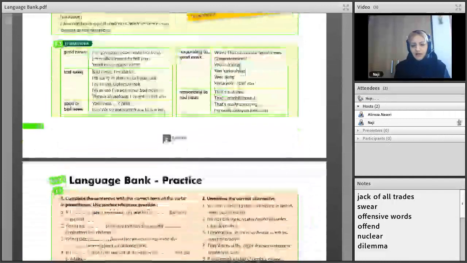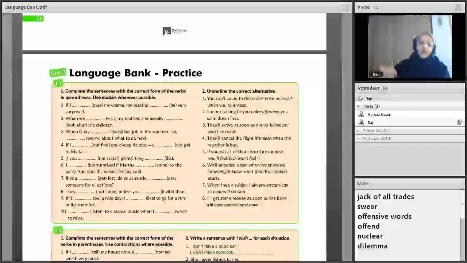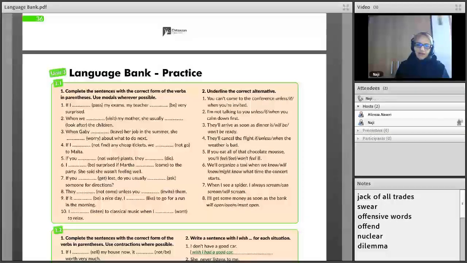Now, let's very quickly go to language bank practices 3.1 and complete the sentences with the correct form of the verbs in parentheses. Use modals wherever possible. Let me open my book. Page 37. Okay, good.